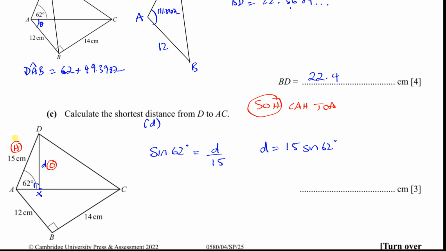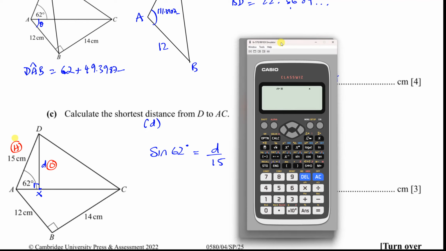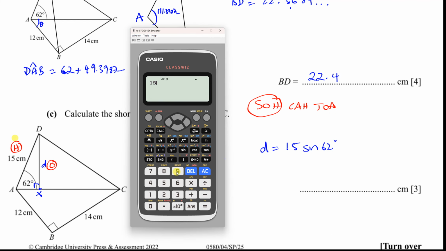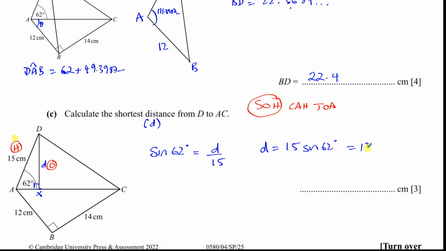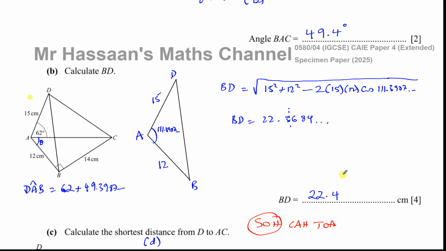Here we didn't need to use any of the previous answers at all. You just put this straight in the calculator. 15 times the sine of 62 in degree mode, as of course we put it in the beginning, and that gives us 13.2442. We're dealing with a length here, so 3SF, 13.2, and there's the answer to the question.